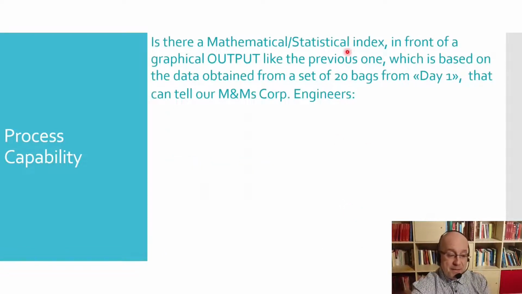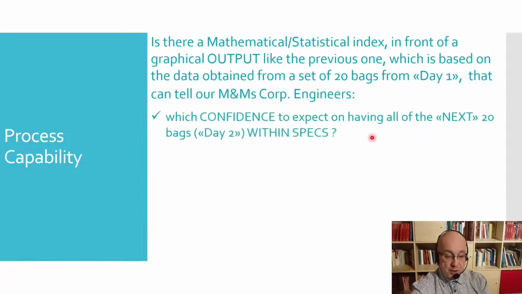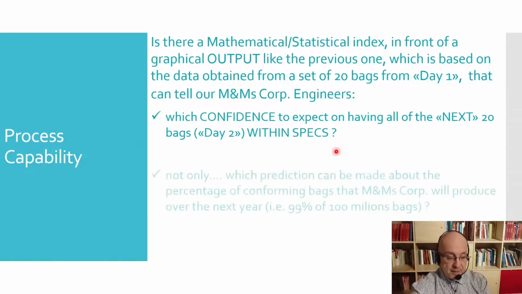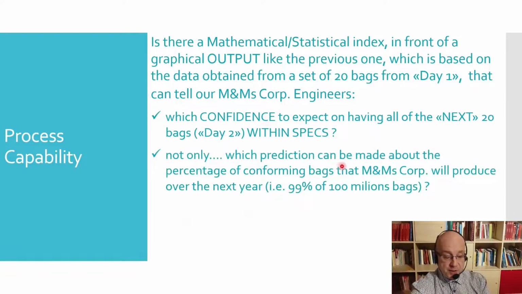Is there a mathematical statistical index in front of a graphical output like the previous one, which is based on the data obtained from a set of 20 bags from day 1, that can tell our M&M's corporate engineers which confidence to expect on having all of the next 20 bags, so day 2, within specs? But above all, which prediction can be made about the percentage of conforming bags that M&M's Corporation will produce over the next year?